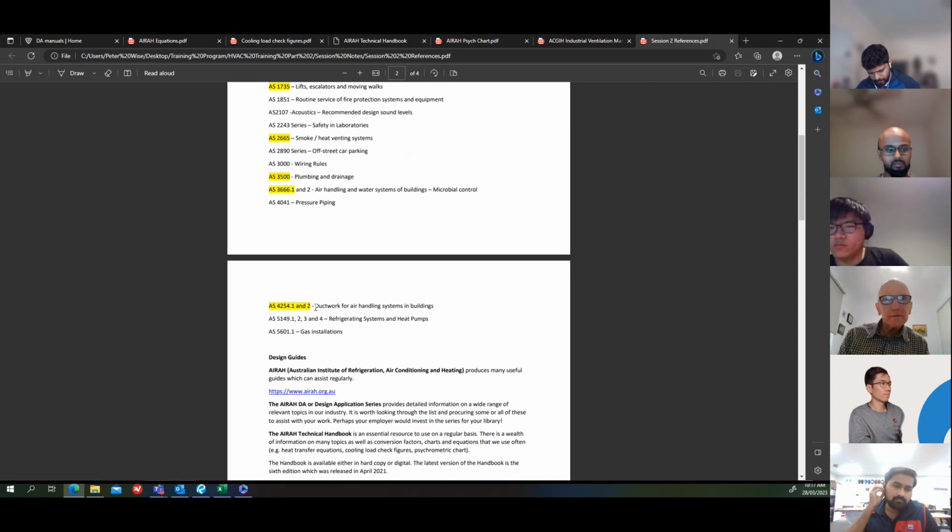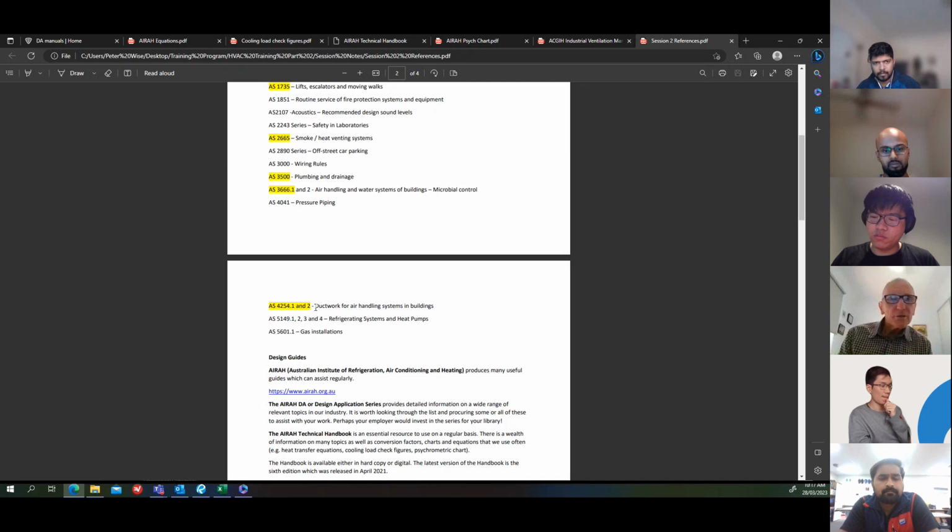Unfortunately, the flexible ductwork tends sometimes to get squashed. And if you've got no air coming out of an air outlet when you're trying to commission the system, it could be the flex that's been squashed, because if it's squashed, the air's not going to come out. So the standard says how it should be installed, and when you're looking around the job sites, have a look at that. Make sure that if it's not installed correctly, it's fixed up, because you'll have a problem later.